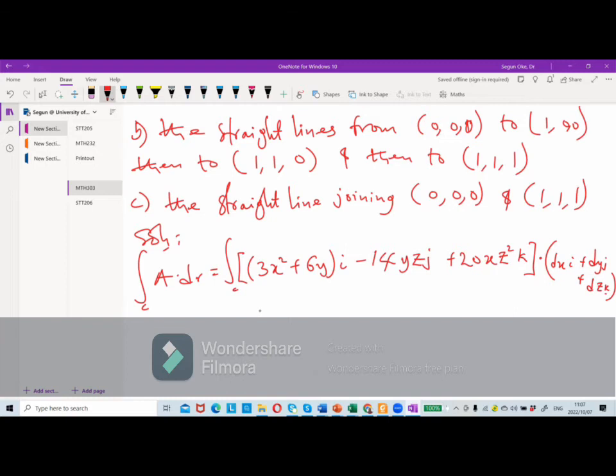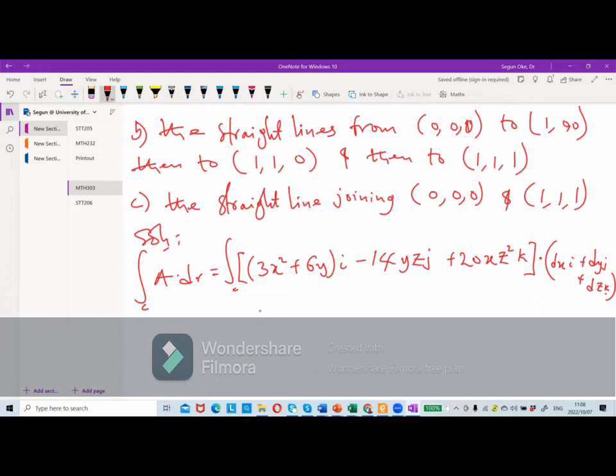So remember when we are doing dots, when i dot i, what happens? It becomes 1. We are dealing with dots, not cross. When i dot i, remember you are not in complex play.